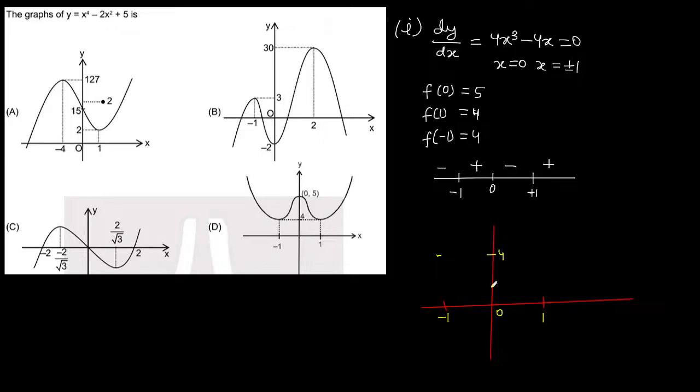At 0, we are 5. And this is 4. So we have decreasing up to here, and then increasing up to here, and decreasing up to here, increasing up to here. So negative means decreasing, positive is increasing, increasing, decreasing. So we can see that we have option D.